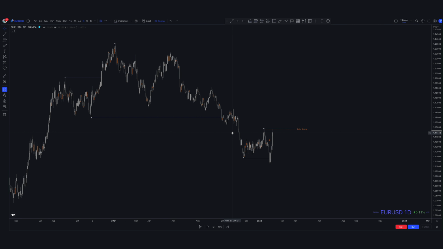And so when we talk about multi-time frame analysis, guys, when you see small structures like this on the lower time frame, sometimes you don't even need to go to the lower time frame to know that this would be a 4-hour swing.